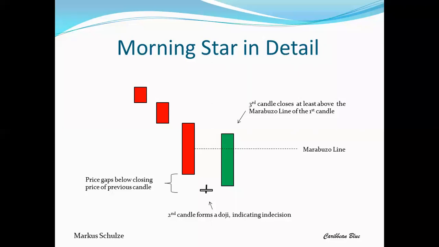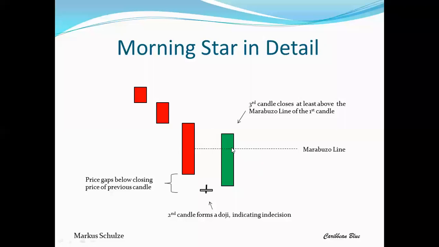It's roughly saying that the 50% of this strong candle, the halfway mark of this strong candle, is often seen as a very significant level. So for the morning star pattern to be valid, the third candle has to break and close above the halfway line of the first candle. That is very important. Feel free to look up Marabuzo lines as well, as they can be used in technical analysis quite frequently.